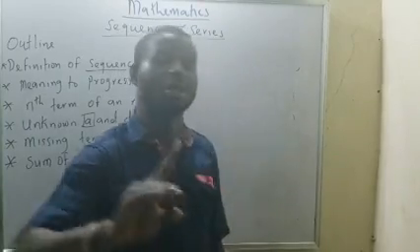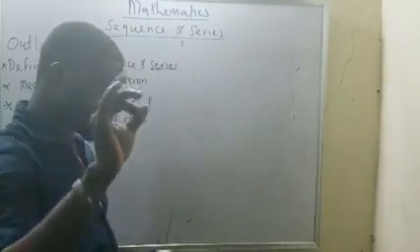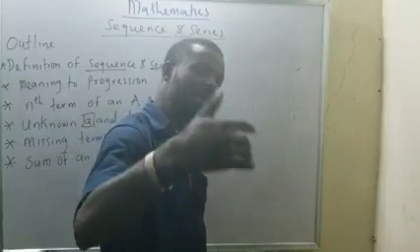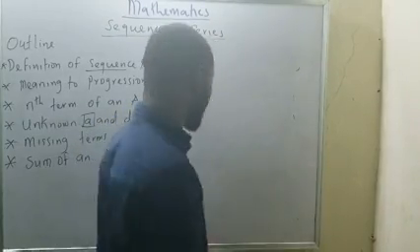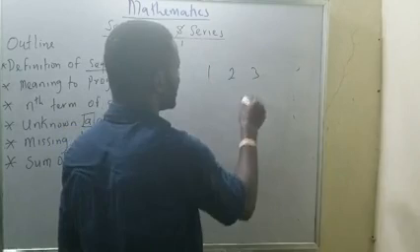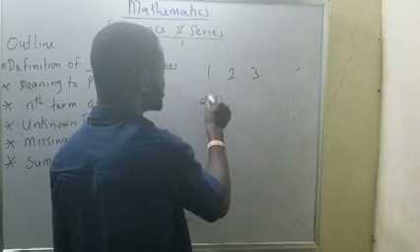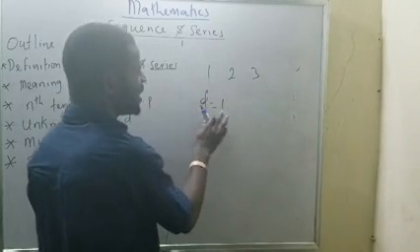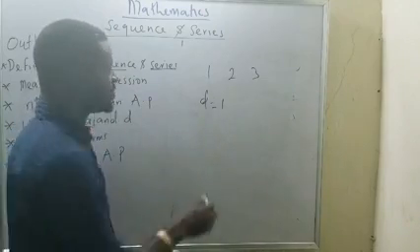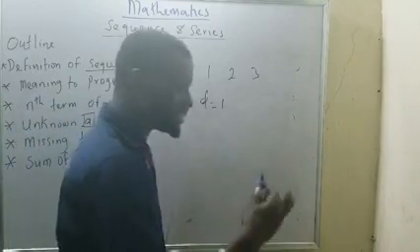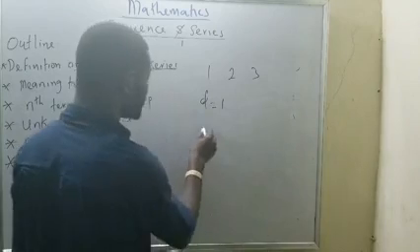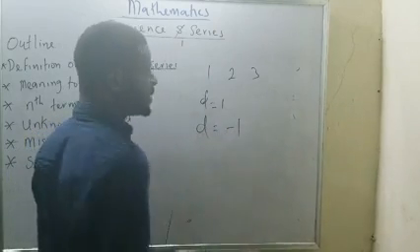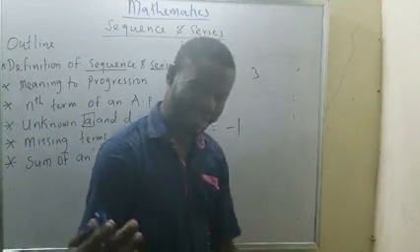When it is addition, like 1, 2, 3, the common difference is 1. It means the common difference is positive, so it will be ascending. But if the common difference is negative, it will be descending.